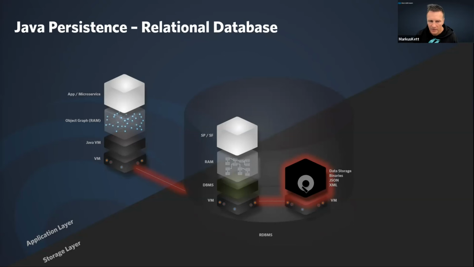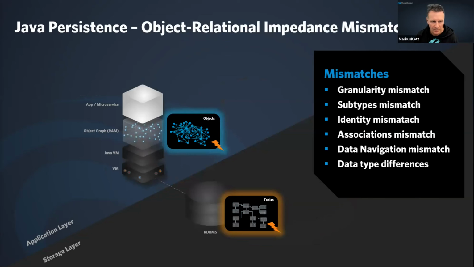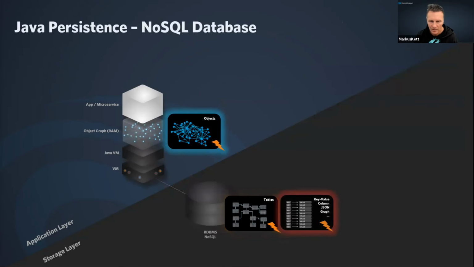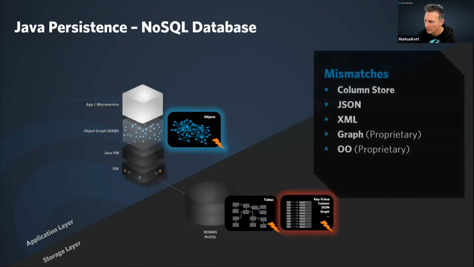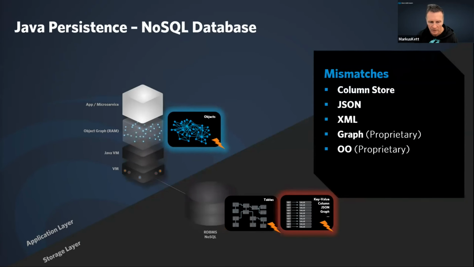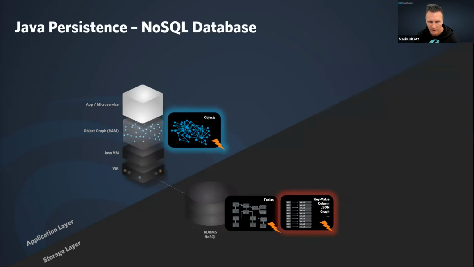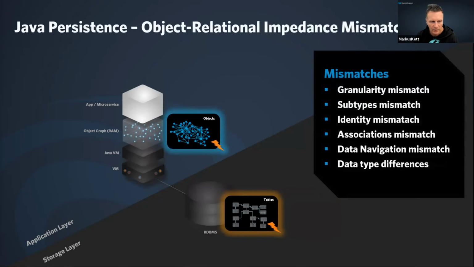And as I said, the problem with traditional databases is that the objects cannot be stored in a relational database. So we need a mapping, and we have these impedance mismatches between relational database and Java.